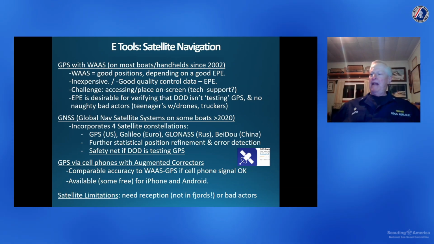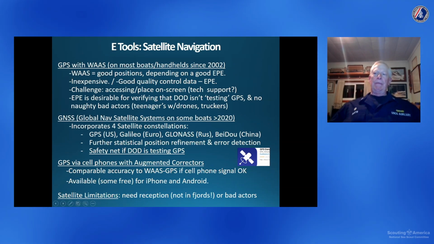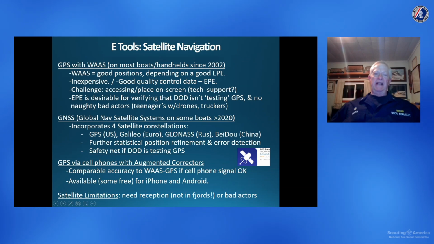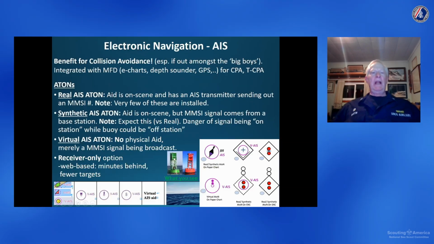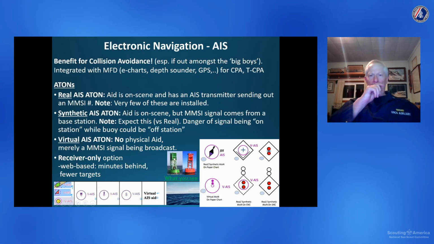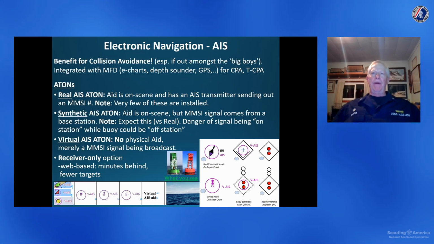When I walk or take trips or go hiking, I like to take my GPS with me and make sure that I know where I am at all times. So that's about the only limitation with electronic positioning systems.